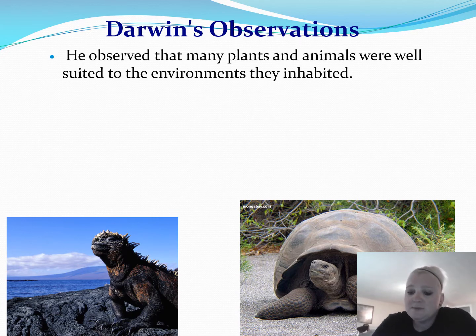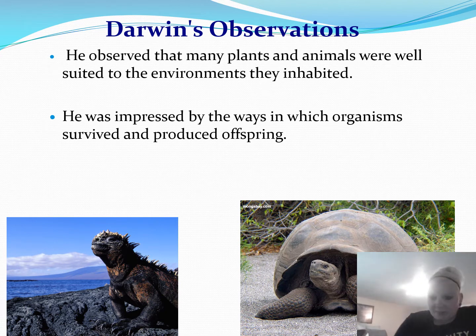So he observed a lot of plants and animals and realized that they lived in environments that would allow them to be successful, and success would be measured by their ability to survive. It would be different if, with this iguana, we found iguanas in Antarctica. It's too cold for them to be cold-blooded. So that just doesn't work that way.